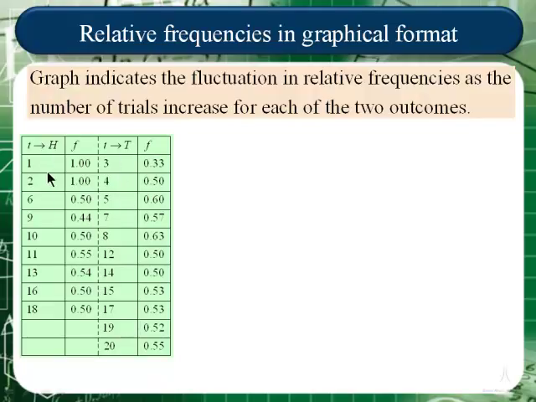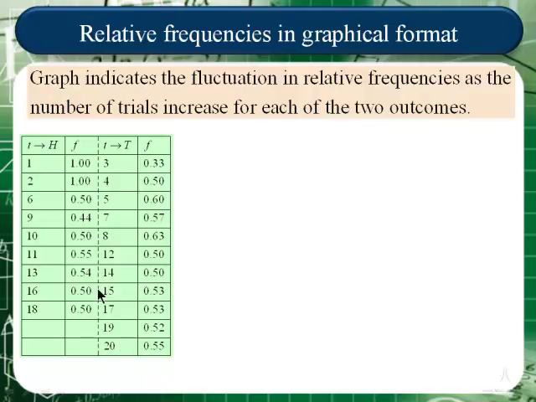I've just separated the different trials. There are 9 trials where we had a positive head, and I've indicated the frequency in each case as the experiment continues. And here is the 11 positive ones and the fluctuation in the frequency.